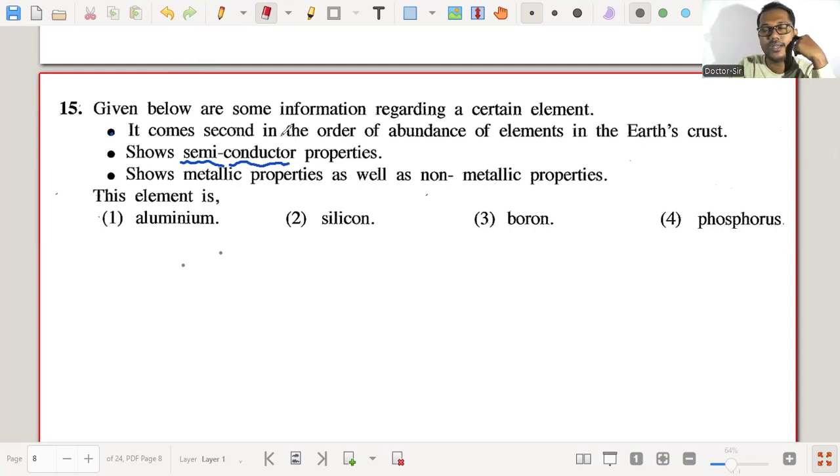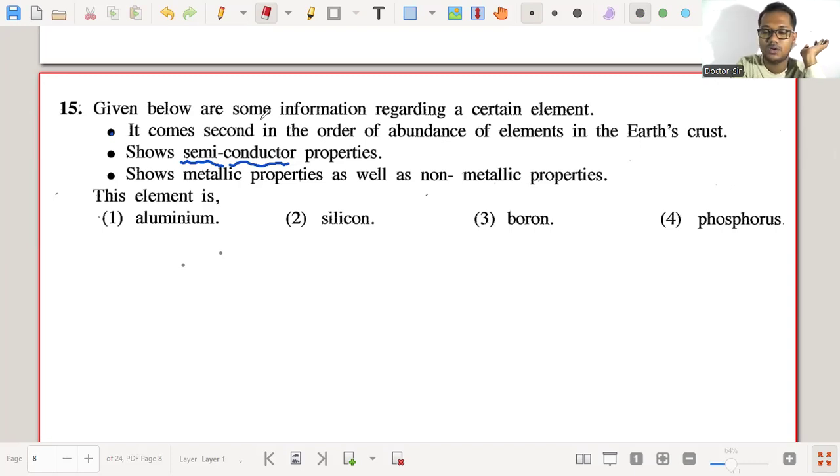Semiconductors are usually made by silicon or germanium. So semiconductor properties are included in silicon and germanium. So definitely it should be silicon or germanium. It has metallic properties as well as non-metallic properties, and it is the second most abundant element in the earth.